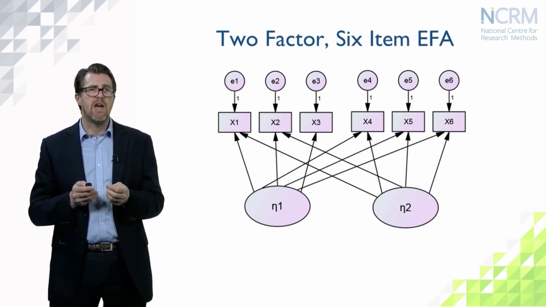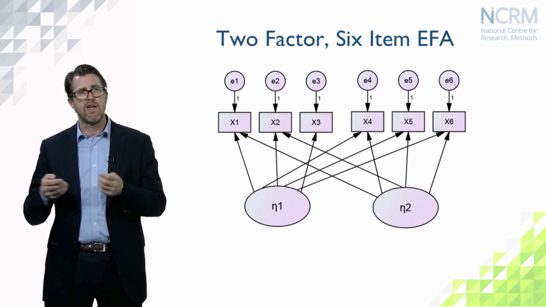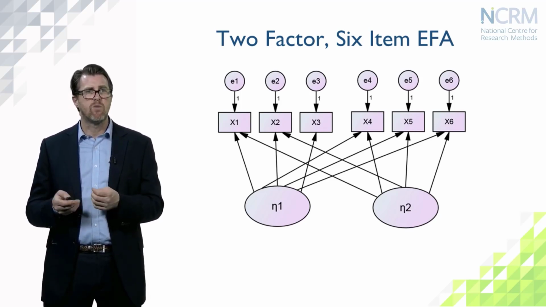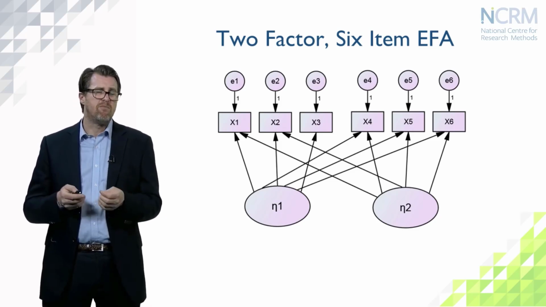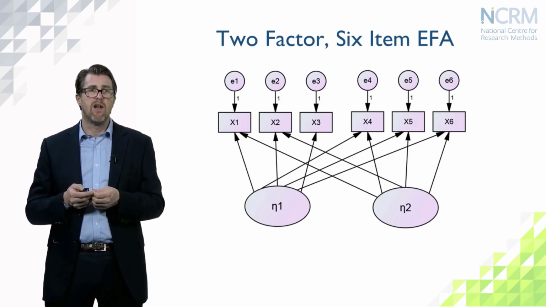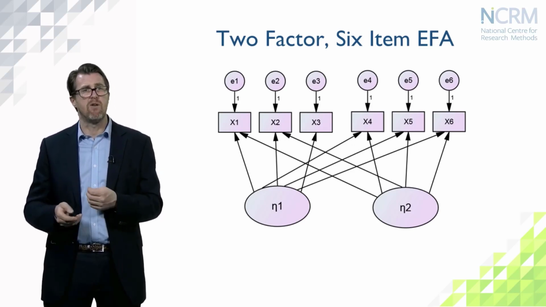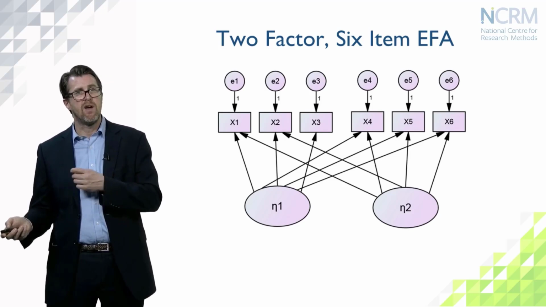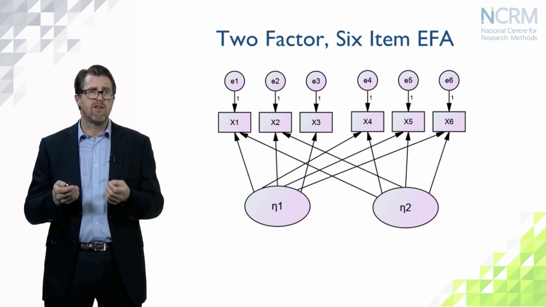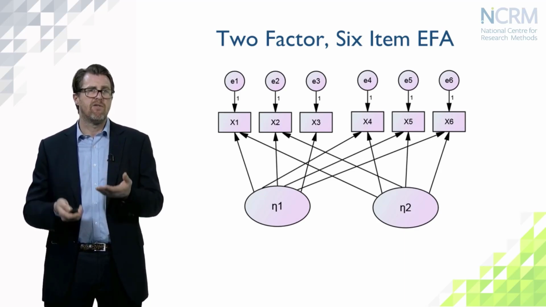So if we look at eta 1, for example, we might, in an EFA context, hope or expect that the loadings between eta 1 and x1 to x3 would be high, of say 0.7 or above in standardized form, and that the loadings that run from eta 1 to x4 to x6 would be close to 0, and the opposite would apply for eta 2. So what we're doing there is, I say, estimating all of those relationships and expecting some pattern of high and low loadings between them.